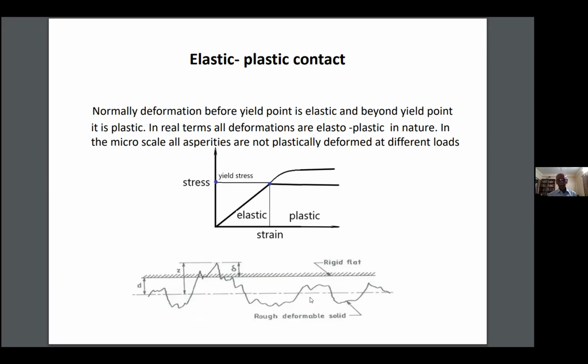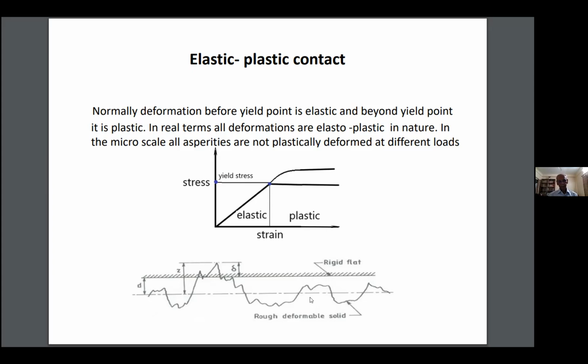Some of the asperities will be elastically deformed, some will be plastically deformed. And hence, the deformation pattern has to be a combination of the elastic part of the asperity deformation and the plastic part of the asperity deformation.